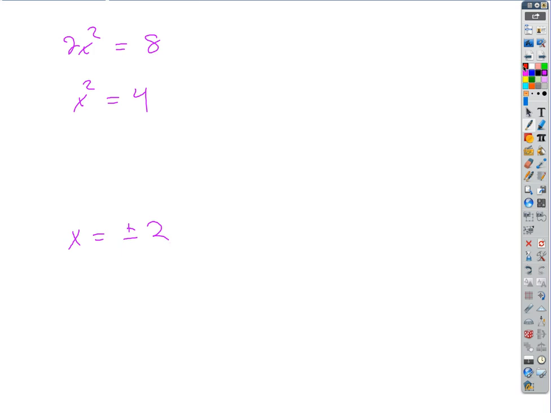If I square root both sides, I get the square root of x squared equals positive 2. But what is the square root of x squared? It's the absolute value of x. That's the mathematical definition of an absolute value function: it's the square root of x squared, right? So that becomes the absolute value of x equals positive 2. And what's our rule for that? If the absolute value of something equals the number a, then what's that tell us?